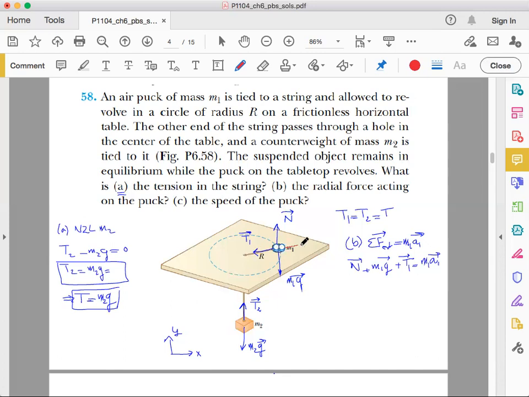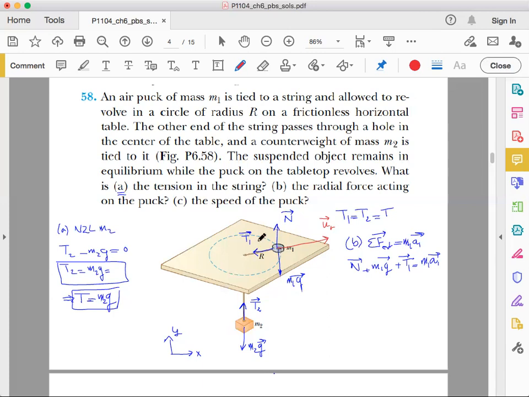Whether you take the radial direction pointing outwards, towards the external side of the circle, or you take the centripetal direction, it doesn't matter, both are correct. If we project onto this radial direction, m1g and N both have zero projection because they are perpendicular to this direction.